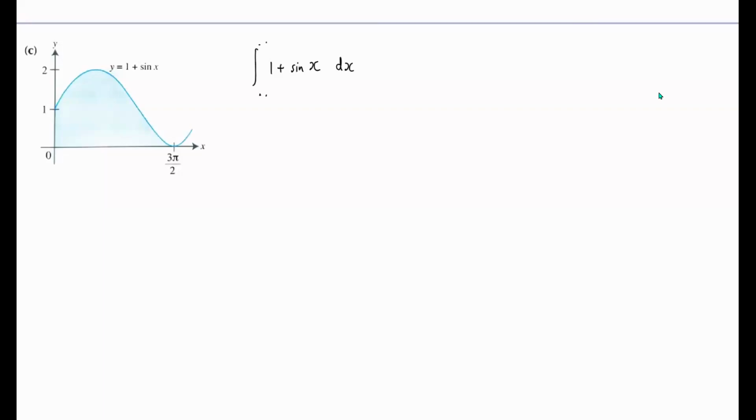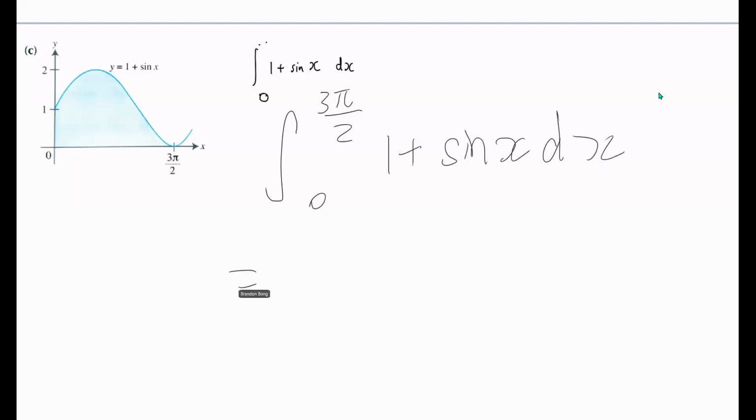Upper limit is 3 pi over 2, and then 0. Then 1 plus sine x dx, which integrate 1 is just x.